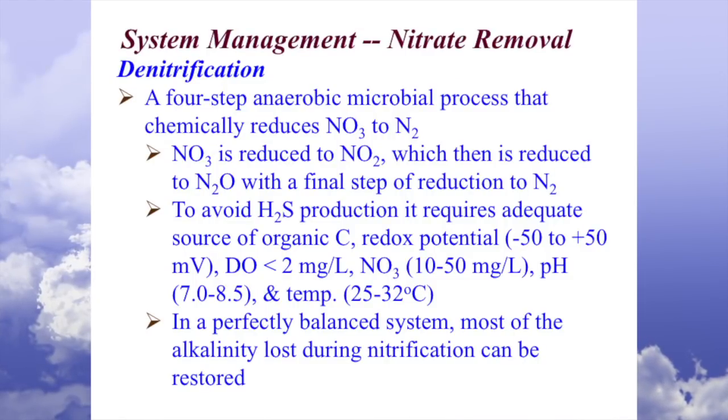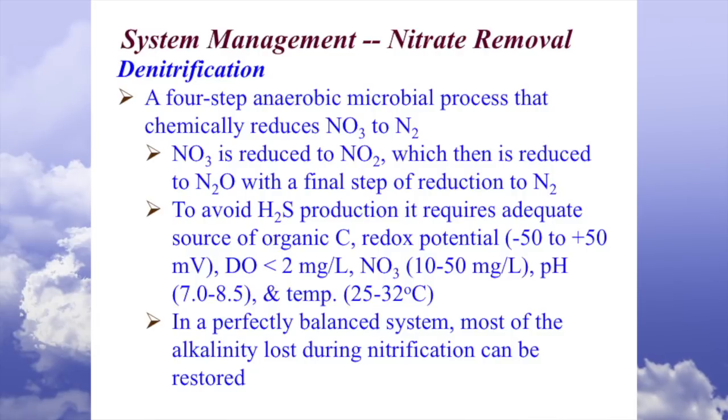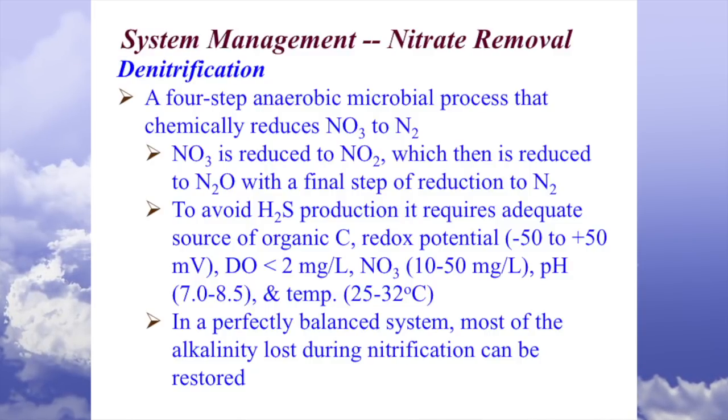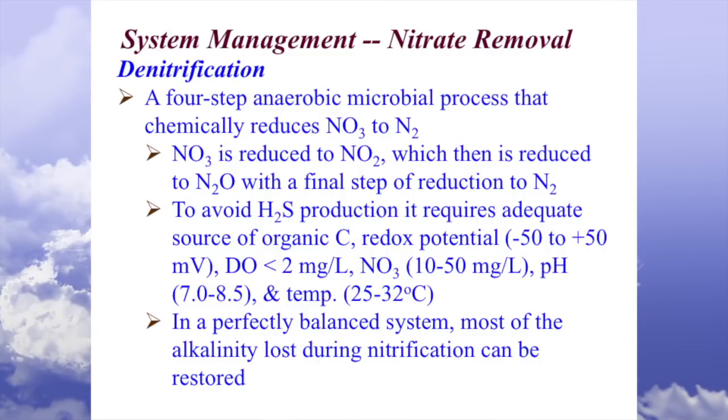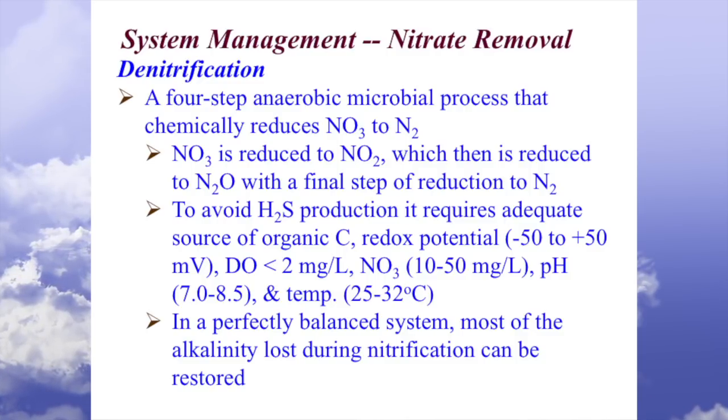Denitrification is a 4-step anaerobic microbial process that chemically reduces NO3 to nitrogen gas. NO3 is reduced to NO2, which then is reduced to N2O, with the final step of reduction to nitrogen gas. To avoid H2S production, it requires adequate sources of organic carbon, redox potential, dissolved oxygen at a certain level, nitrogen supply, nitrate supply, and temperature.